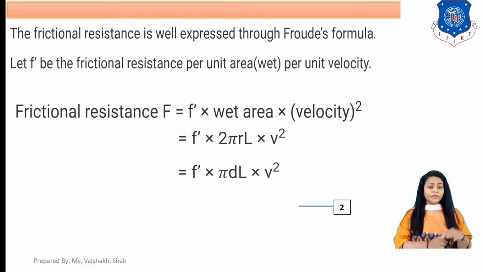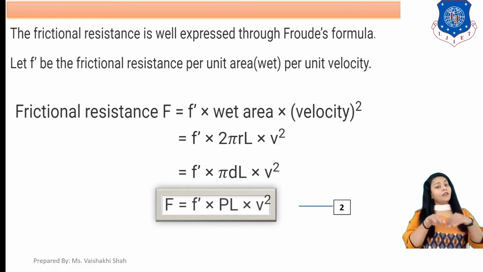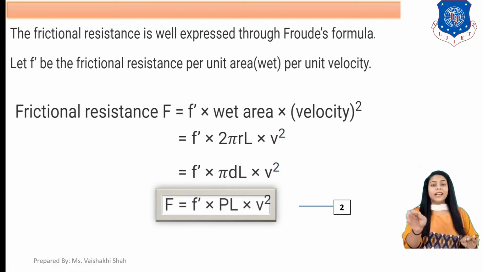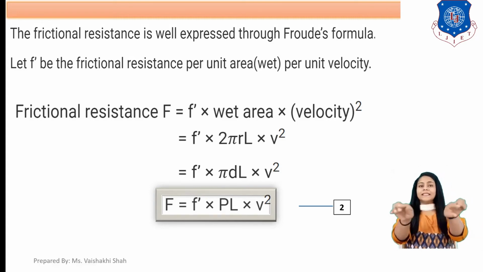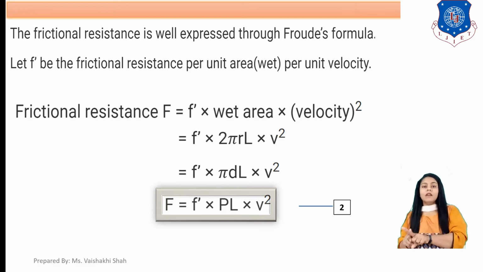Now there is a factor called frictional resistance, and the frictional resistance is expressed by Froude's formula. We are not going to study this formula in detail. We simply have to accept this formula for frictional resistance F, which is F dash into wet area into velocity square.